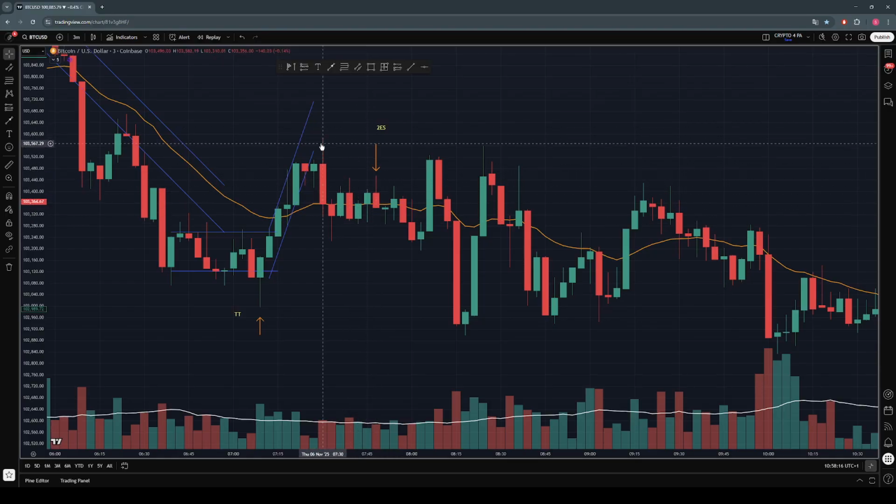Or a first entry, second entry long failure. Because it's a first entry, second entry. This is actually a decent second entry long, but we know the short-term trend rule.